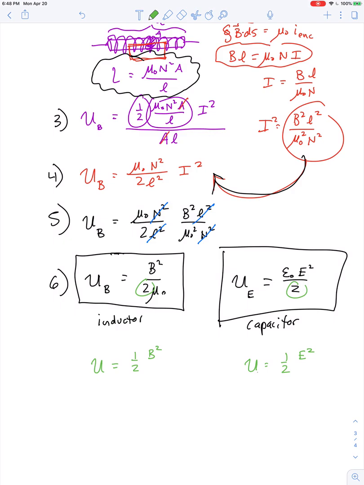Of course, in this case, for a capacitor, the field is an electric field, and for the inductor, the field is a magnetic field. And then in one case, we have the permeability of free space in the denominator, and in another case, we have the permittivity of free space in the numerator. But otherwise, very similar expressions. We'll see more about energy density in future lessons.